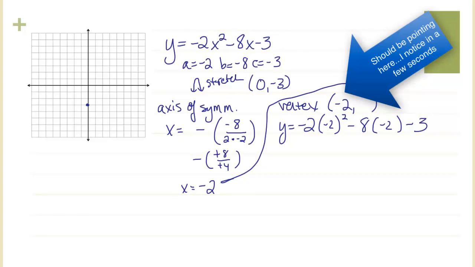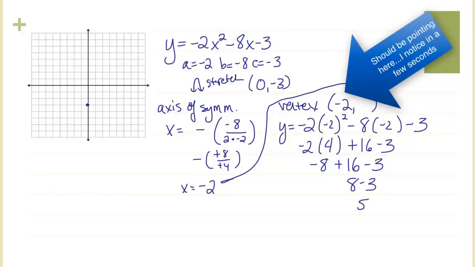We're squaring just the x. So we're going to have negative 2, which is the front one, times 4, which is negative 2 squared. And I can go ahead and do these now. Negative 8 plus 16 minus 3, 8 minus 3. So we get positive 5.